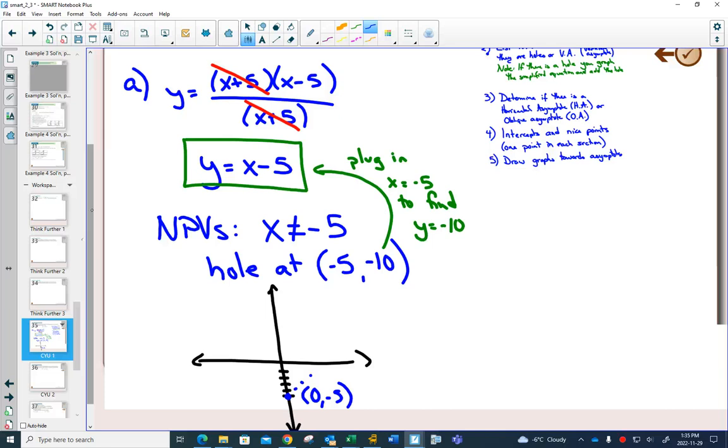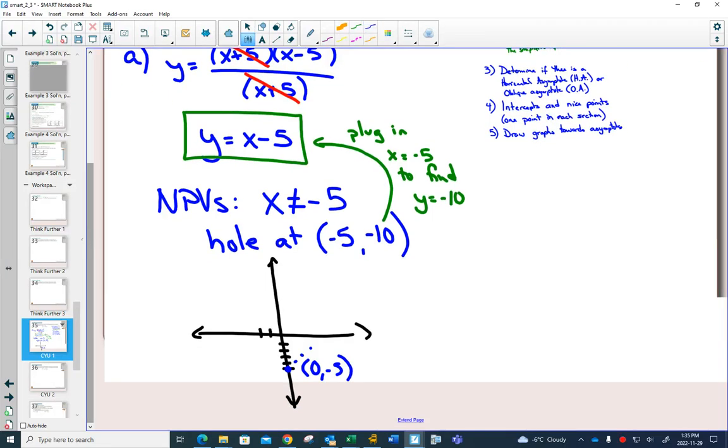And I have to include right here a circle at minus 5, minus 10. That's the hole in my graph. This is all that would be needed for part A. So sometimes in the steps, we didn't have to figure out horizontal asymptotes or oblique asymptotes because after it's simplified, it was something we already knew how to graph.